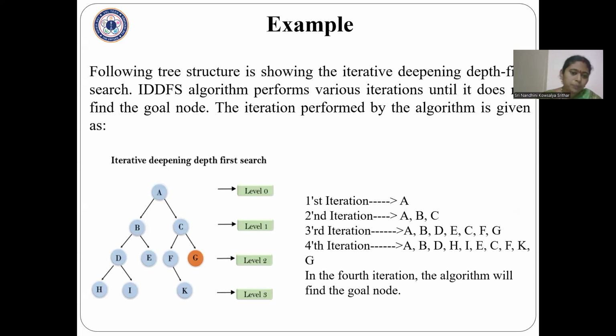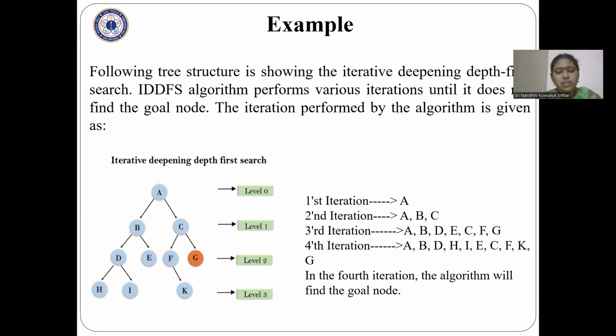In this example, we take the first iteration at level 0. So here we have A only. It is not the goal node. Then we go to the second iteration, with A, B, C. Then next we give the limit up to level 2. Starting from A, it again searches B and C. Then it searches D, E, F, and then G. Here we find the goal node.